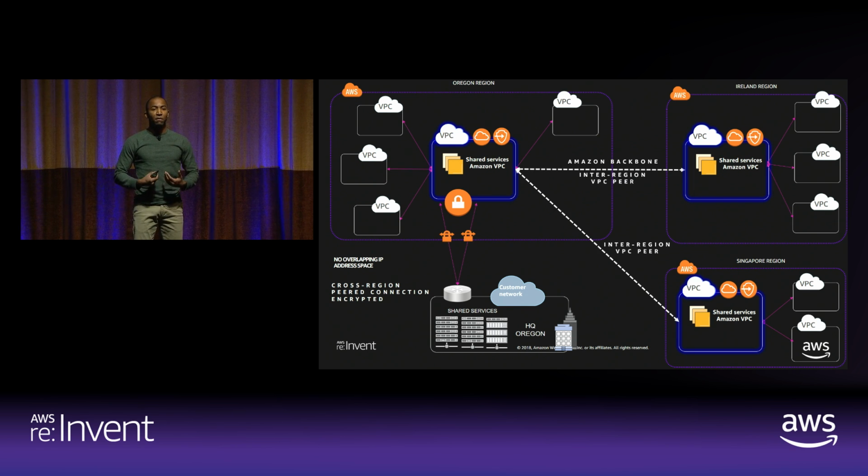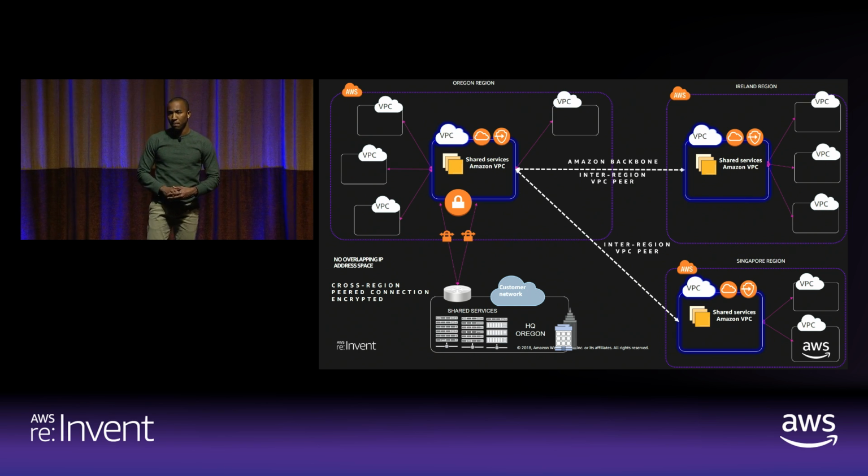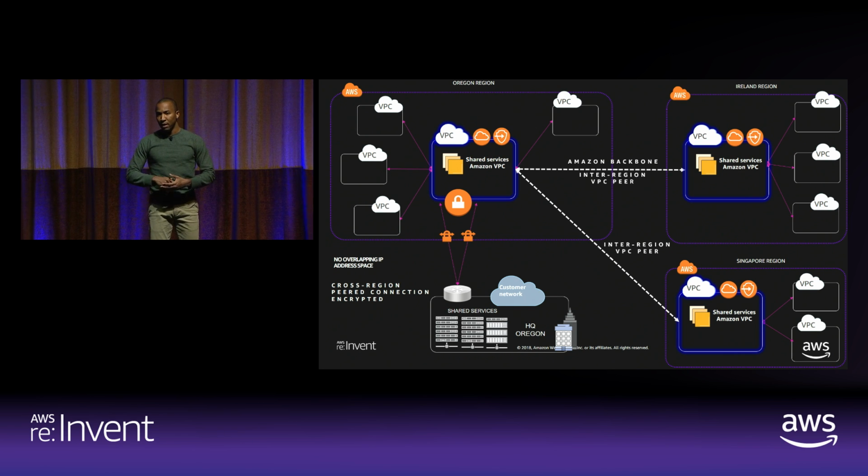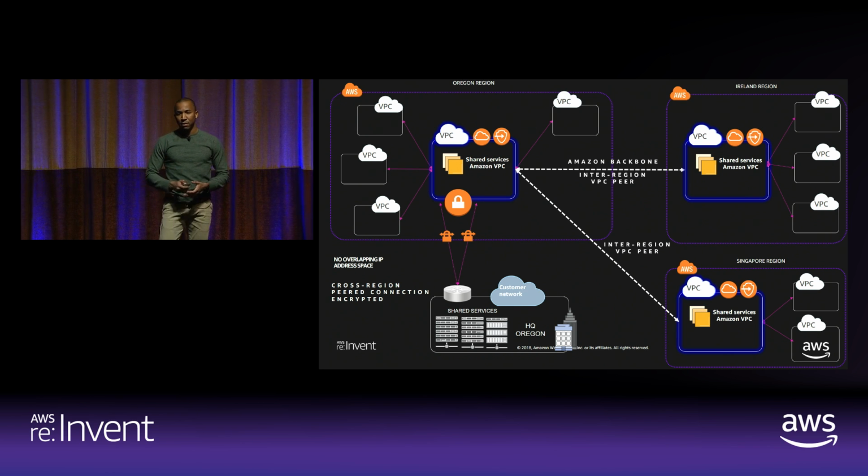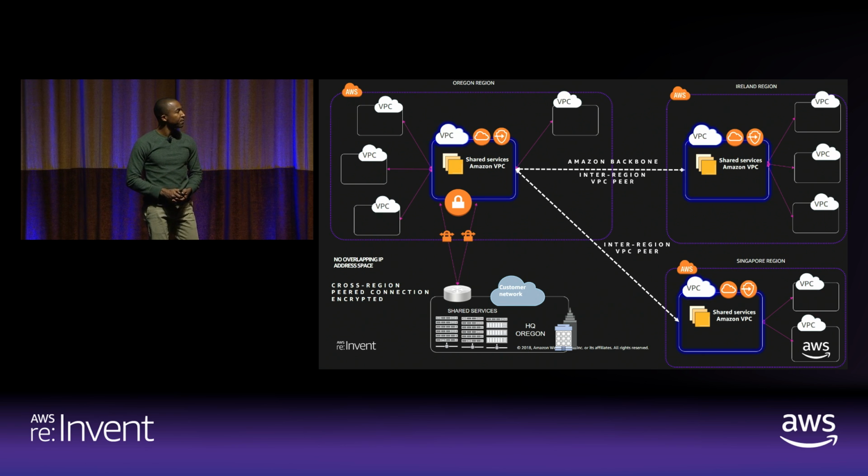And by using inter-region VPC links, you're now basically leveraging AWS's backbone to move your traffic, reducing edge routing, and gaining some of the functionality that you're looking for.